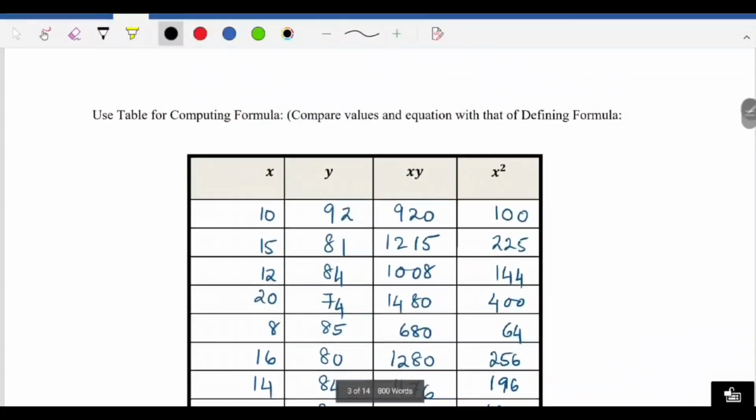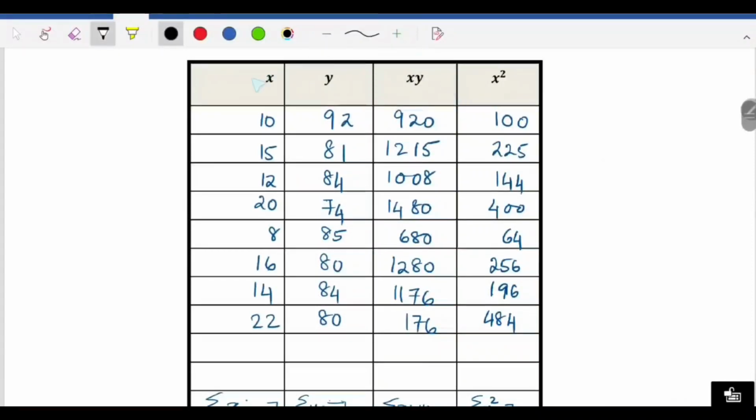And then in the last column, we just square our x values. So all the x values are squared. Let's quickly go over it. We have 4 columns: x, y, x multiplied by y, and x squared. So again, x and y are just the values that were given to us, which we just listed in this table.